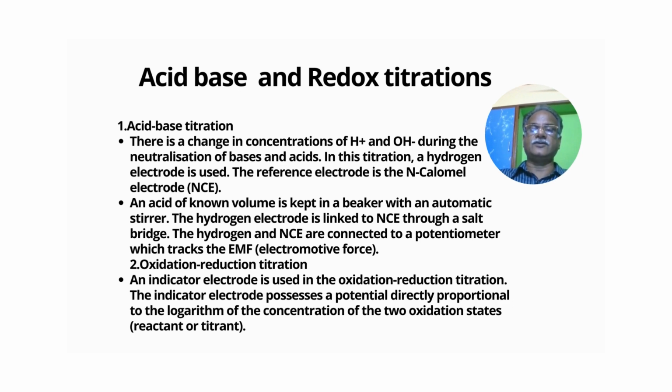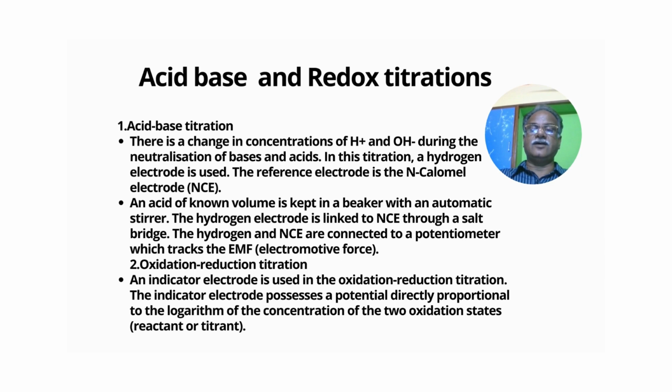The reference electrode is the normal calomel electrode. An acid of known volume is kept in a beaker with an automatic stirrer. The hydrogen electrode is linked to the NCE through a salt bridge. Here NCE means normal calomel electrode. The hydrogen electrode and NCE are connected to a potentiometer which tracks the EMF.